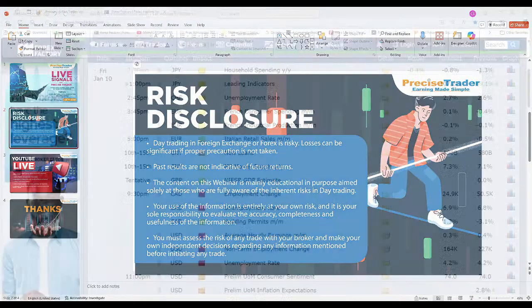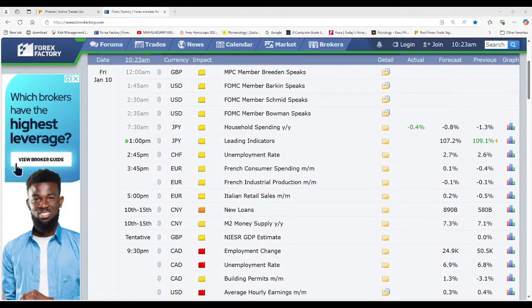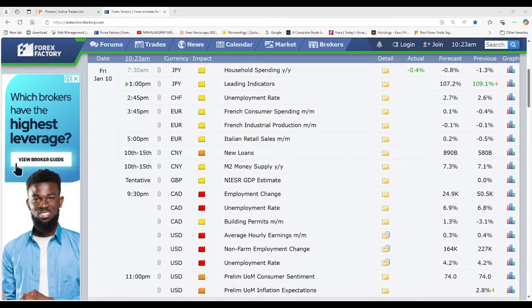So, with that, I think we move on to our analysis. The key data today, in fact, we have a couple of data today. From Canada, we have employment change and unemployment rate.